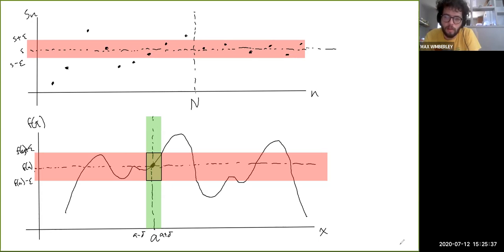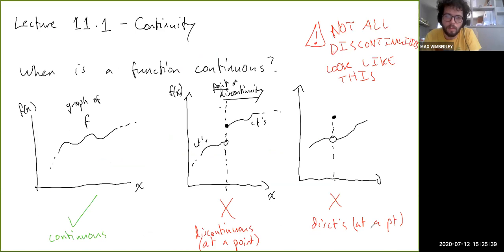if we go back to these graphs, for example, in this one, how would we use the definition to show that this is discontinuous? Well, all you have to do is take f of a, this is f of a, and then draw a fairly narrow rectangle around it.